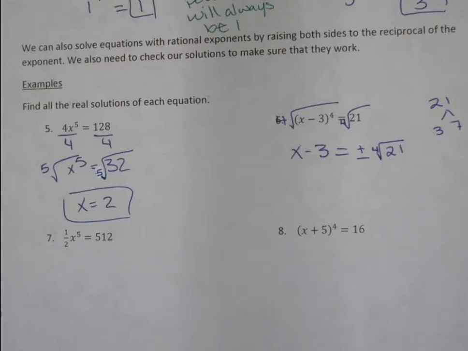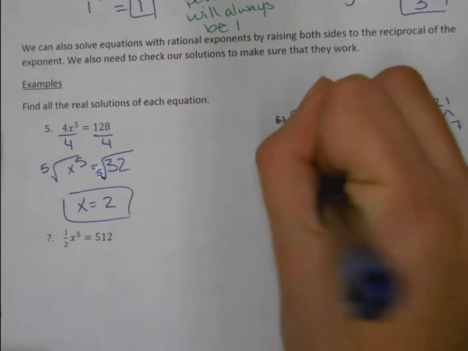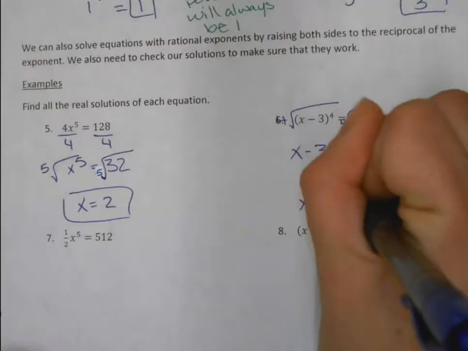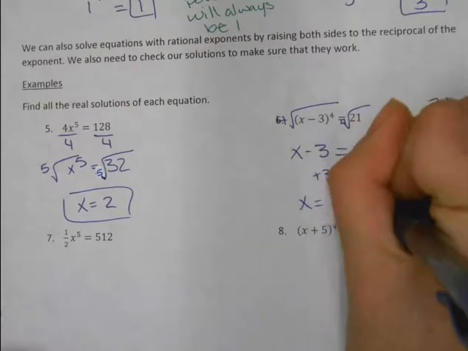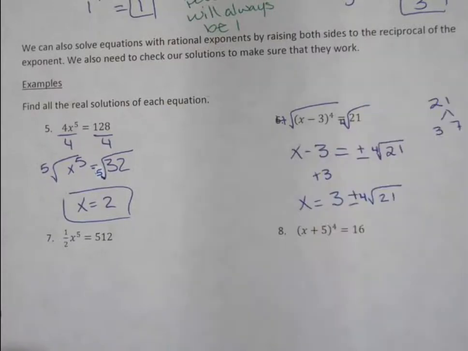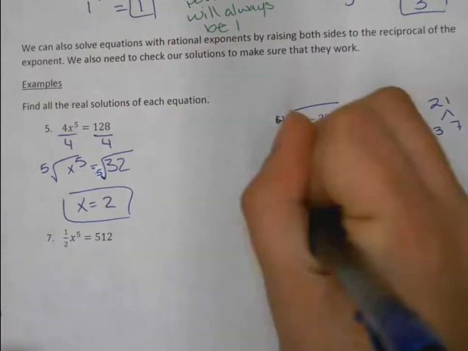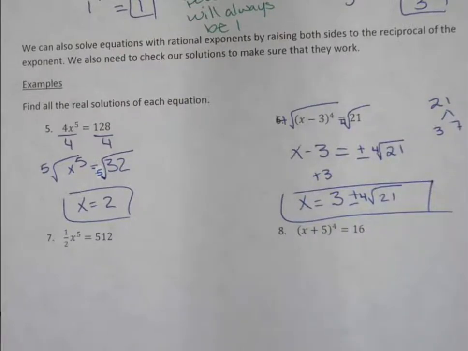And then all I need to do next is get that x by itself. Add the 3. That's my answer. So questions here? No questions?